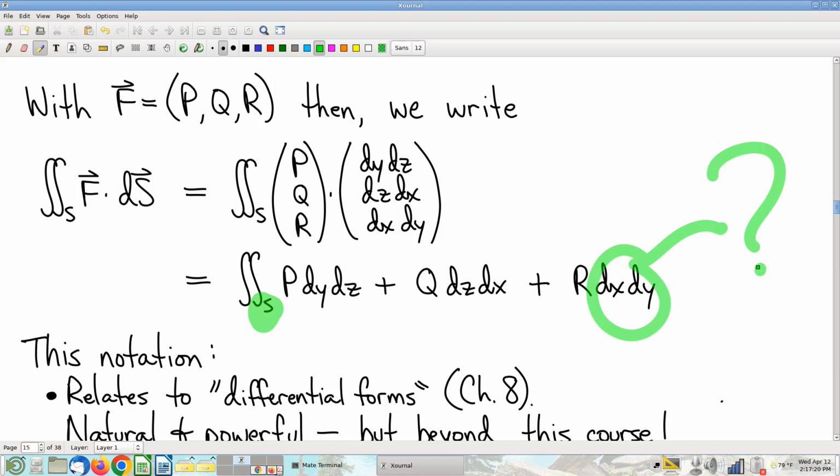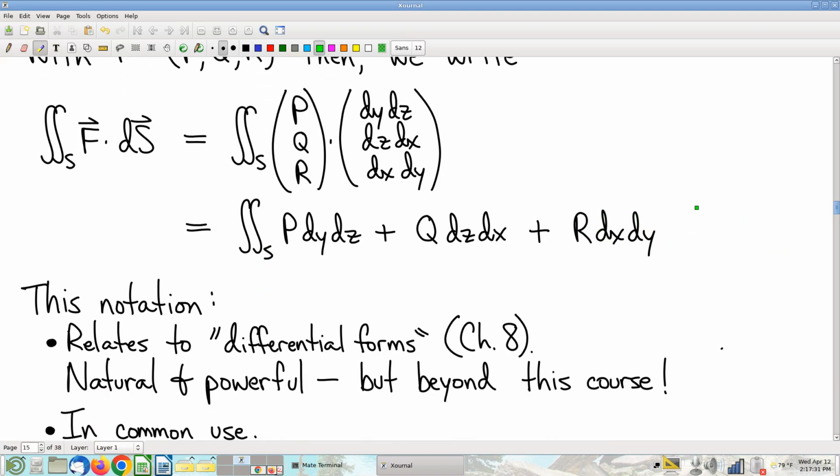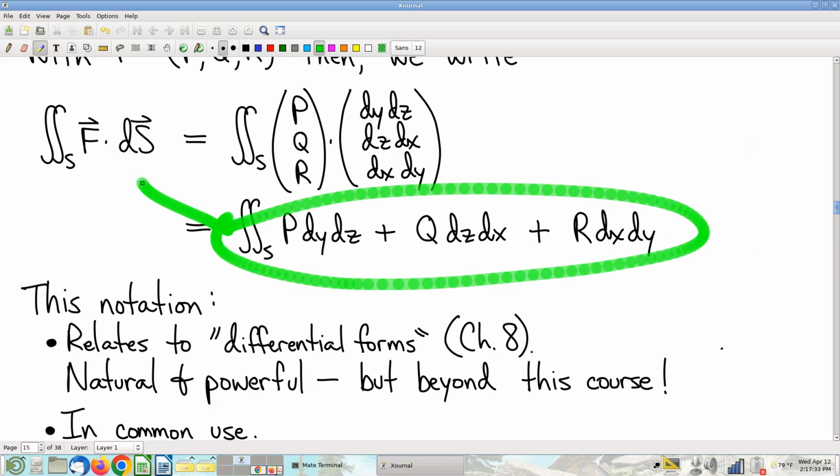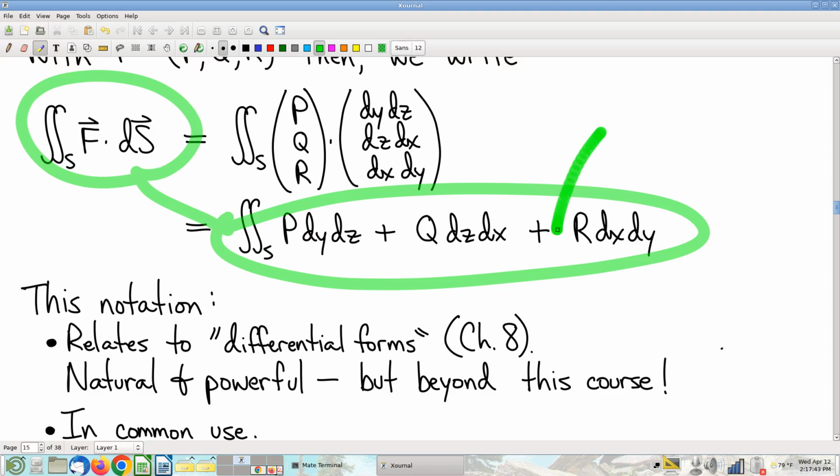So what does dx dy mean? Anyway, it's pretty uncomfortable looking, but this is a common notation. Again, it's just an alternative to the notation we've been using, which is my personal favorite for this context, at least.